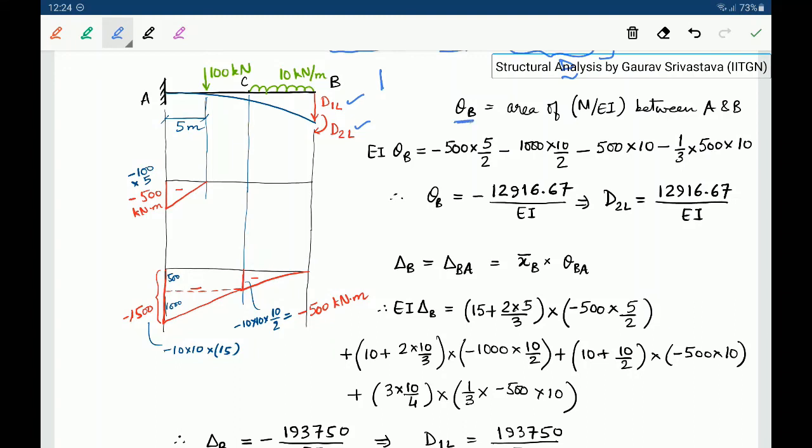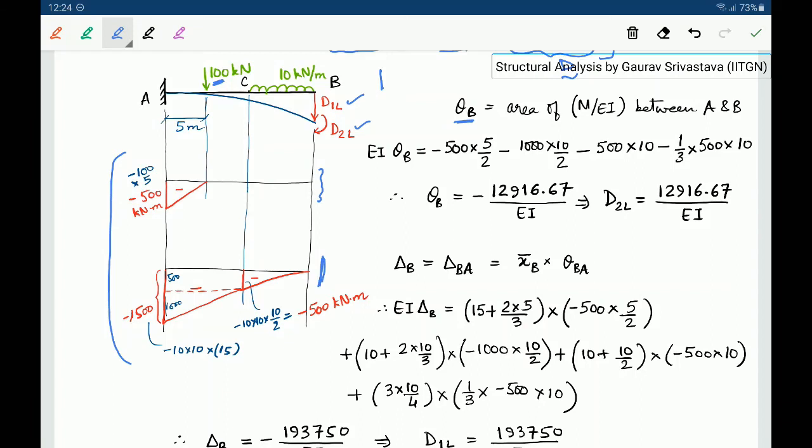So theta b will be the area of the M by EI diagram between A and B, and the moment diagram we have drawn in two different figures here, and the total moment will be the summation of these two diagrams, right? This one is due to the 100 kilonewton force which is applied, and this one is due to the 10 kilonewton per meter UDL which is applied, right?